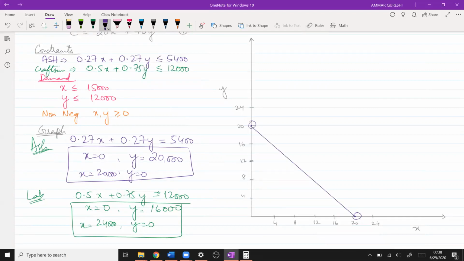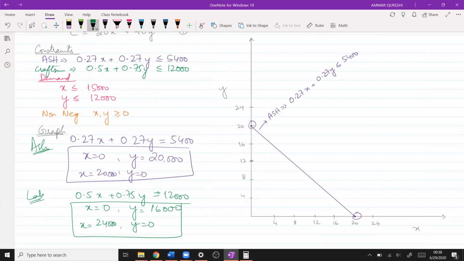This is the material line, ash, and its equation is 0.27 of x plus 0.27 of y should be less than or equal to 5,400, right? Now what's next?